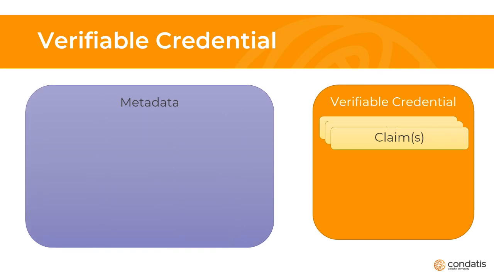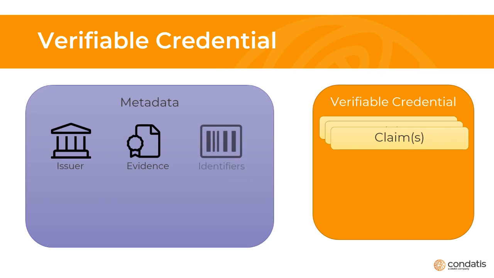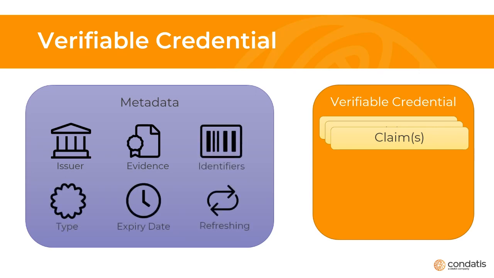Another element of a verifiable credential is metadata. This is information like the issuer of the credential, evidence checked by the issuer before issuing the credential, date when the credential expires, or information on how to refresh the credential if needed. So essentially, when the claims are information about the subjects, the metadata is information about the credential itself.